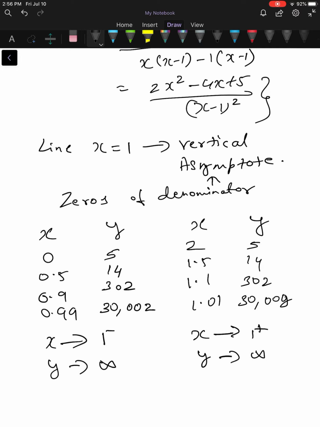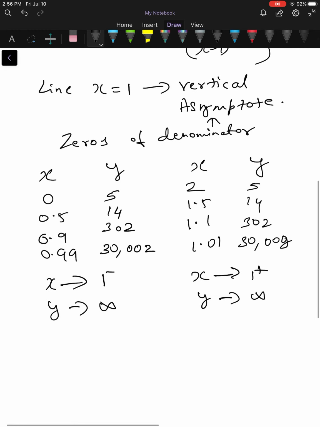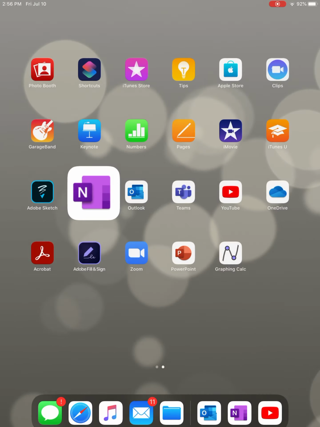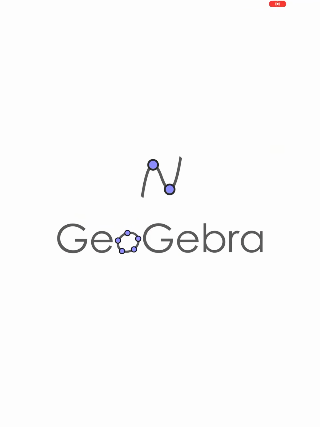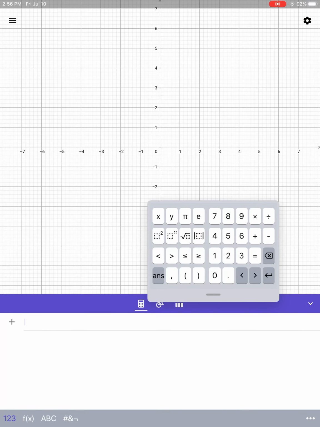Coming to the horizontal asymptote, you can plot this graph. I will take the help of a graphing calculator to show you how exactly the graph looks.